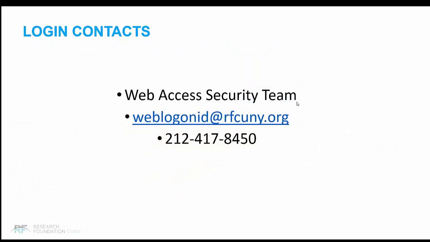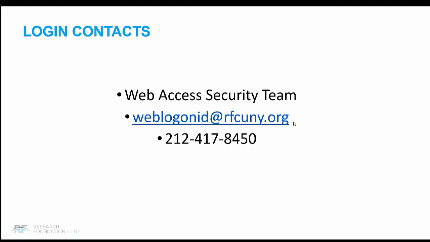If you are unable to log in or do not remember your PI user ID or password, please contact the Web Access Security team. They can be reached at weblogonid@rfcuny.org, and I'll repeat that email address.